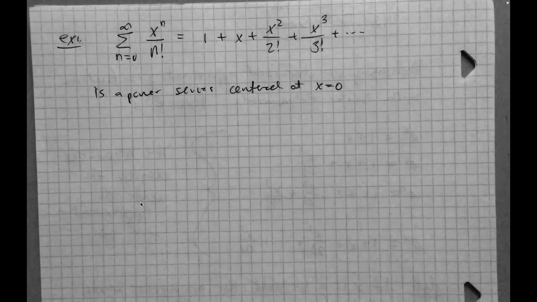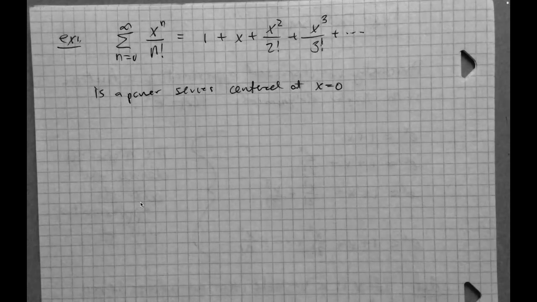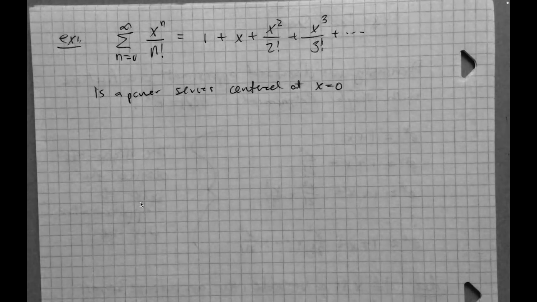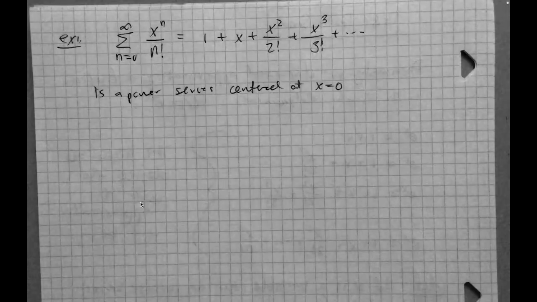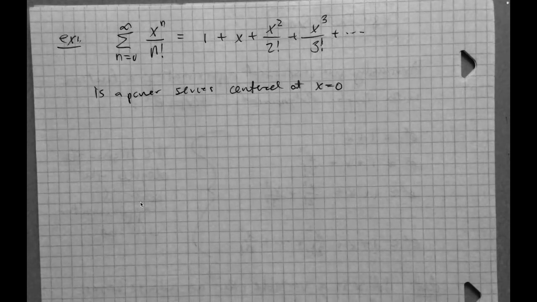And this is the power series based on the Taylor series we just looked at for the function f of x equals e to the x. We'll get into that connection in a moment, but you may be recognizing it.